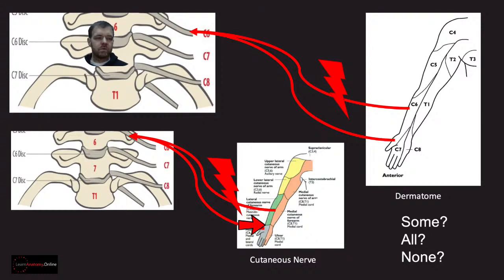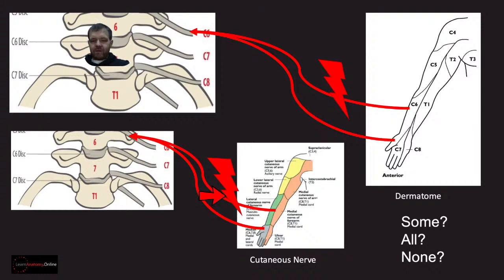So for example, if you have an injury to the radial nerve, I've used that one as an example again, in a Saturday night palsy, the radial nerve wraps around the back of the humerus, and if you put your arm on the back of a chair and it squashes that nerve, then you'll lose sensation in certain areas of your forearm, but not all of it.